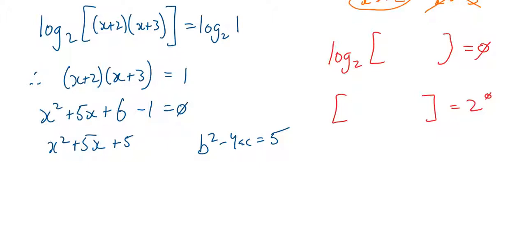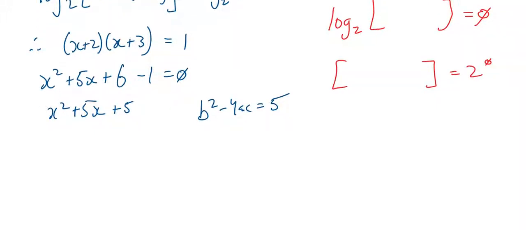Therefore, x equals negative b, which is negative 5, plus minus the square root of 5 squared minus 4 times 1 times 5 over 2a, 2 times 1, which is negative 5 plus minus the square root of 5 over 2.